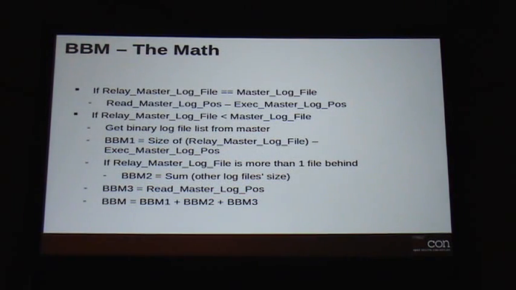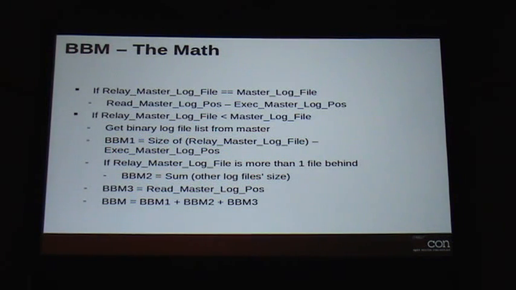Now it's going to start being a little bit more busy, all the slides. So this is the math. If both the relay file and the master file are the same, basically it's a simple difference. If not, we have to get the binary logs from the master, and see whether we are only one file behind, in which case it's an easy calculation.